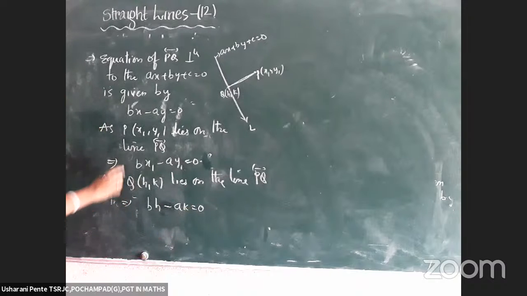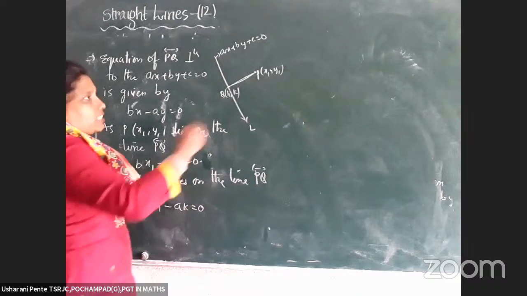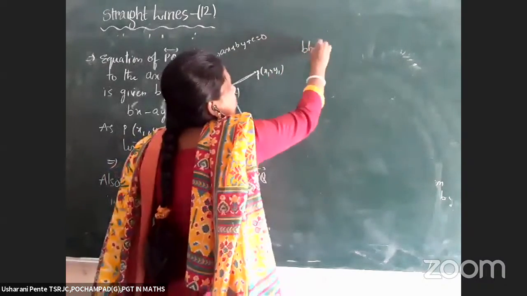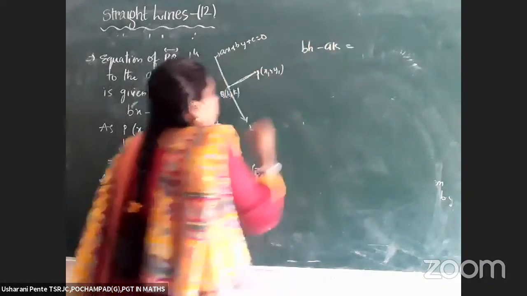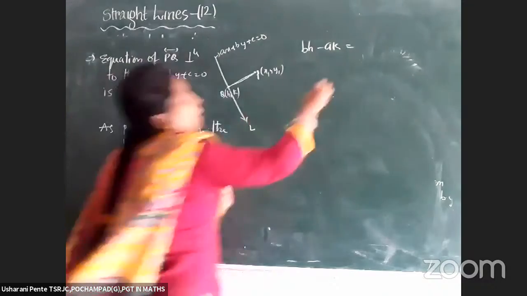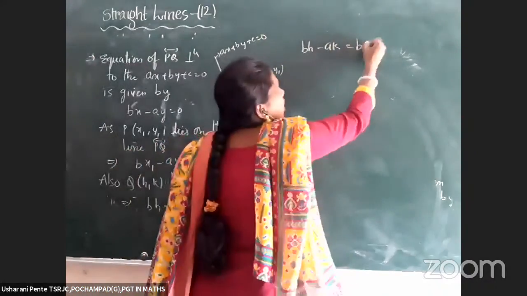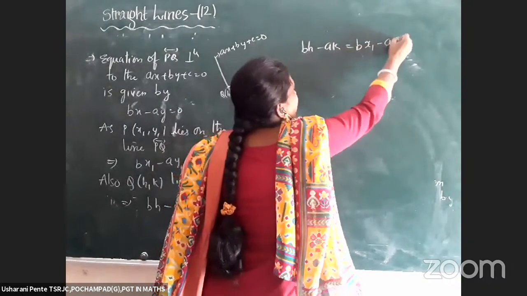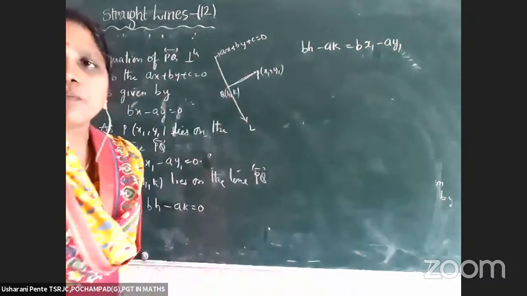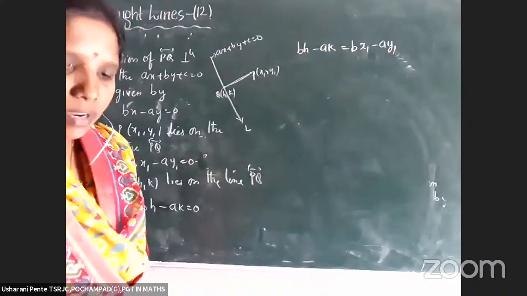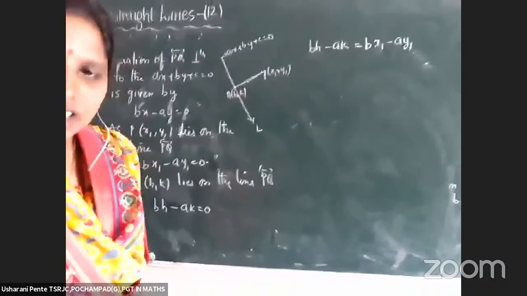So we are equating these two lines. That is, bh minus ak is equal to bx1 minus ay1.